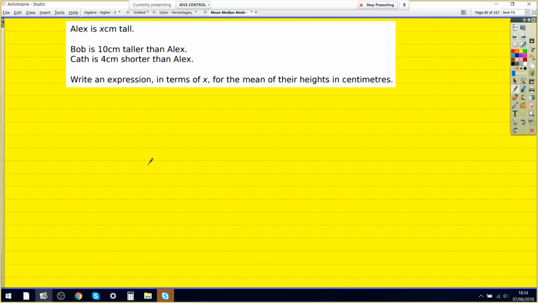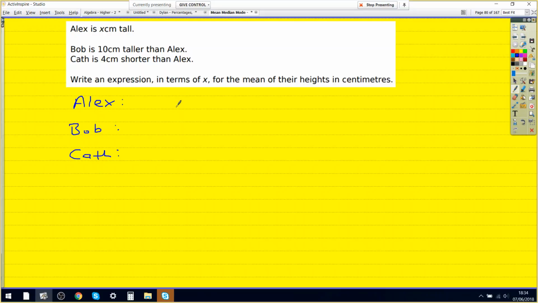Okay, let's try this one. Bob is 10 centimeters taller than Alex. Kath is 4 centimeters shorter than Alex. I don't know, how would you do that?